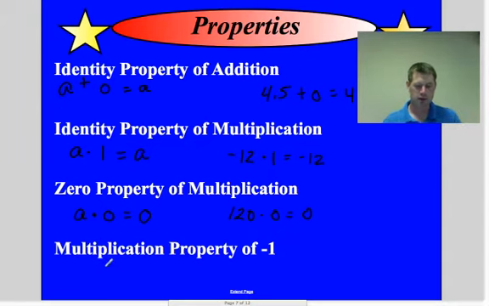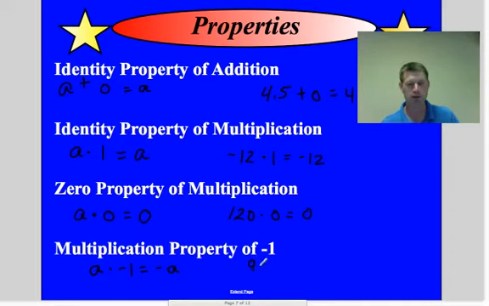Okay, the last one we have here is the multiplication property of negative 1. Okay, so what happens when we have the property of negative 1? Okay, fill in that blank. Well, you're going to have A times negative 1. Well, what happens there? Well, then you get the negative A. Okay, so it just changes the value.